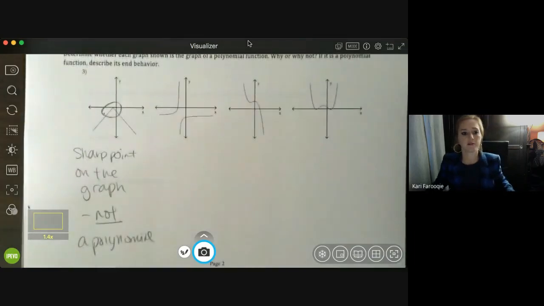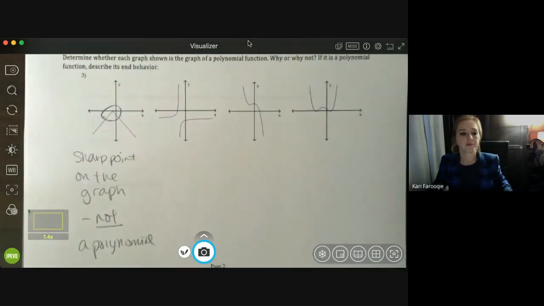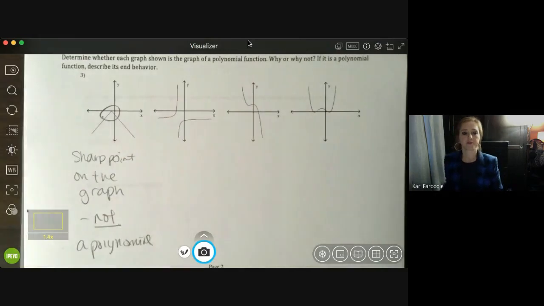Okay, so it does not have only smooth rounded curves. Therefore, it is not the graph of a polynomial function. It's very likely an absolute value function, which is not a polynomial.